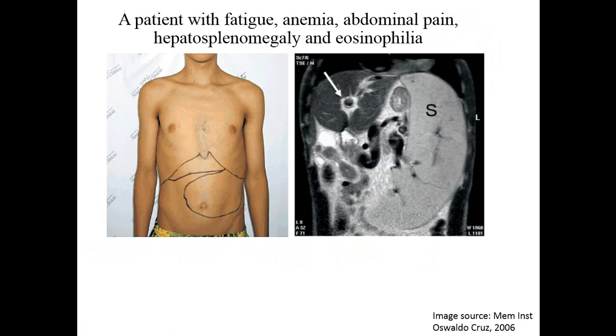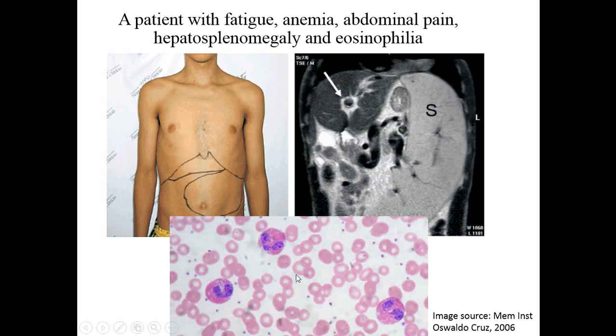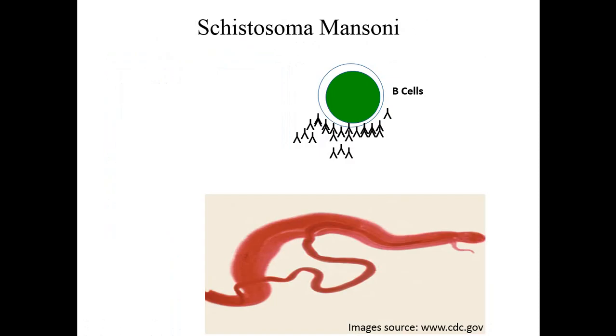And finally, I have a picture from a boy who has had chronic fatigue, anemia, pain in the abdomen, a big liver and a big spleen, and also a high number of eosinophils in blood. This is an example of an infection with a worm. And the worm that I have in here is a particular type of worm that infects the liver.